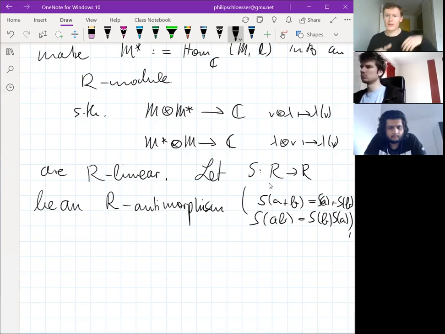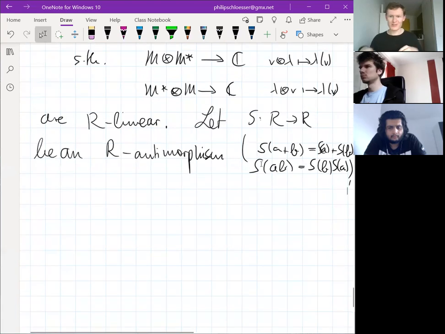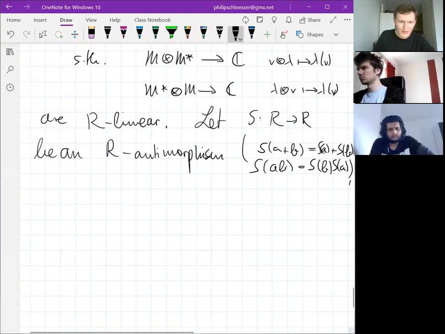So think of something like taking the inverse of a matrix or taking the transpose of a matrix. Well, the inverse doesn't work at all, but taking the transpose is a good idea because it preserves sums, but it maps a product to the product with the order reversed.